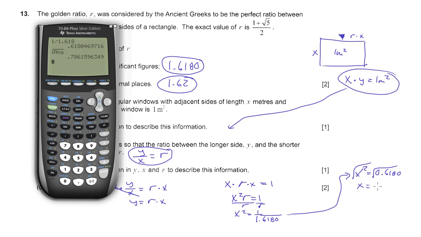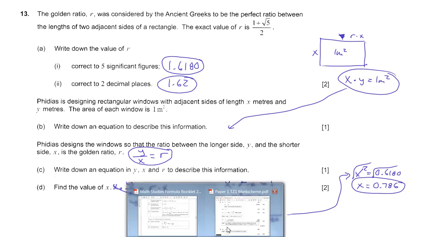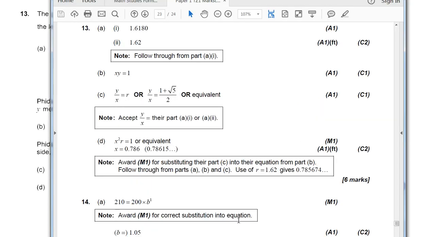So we've got to round that to the third significant figure, so we get 0.786. 0.786 is what x should be. Okay, let's check and see how we did on that.